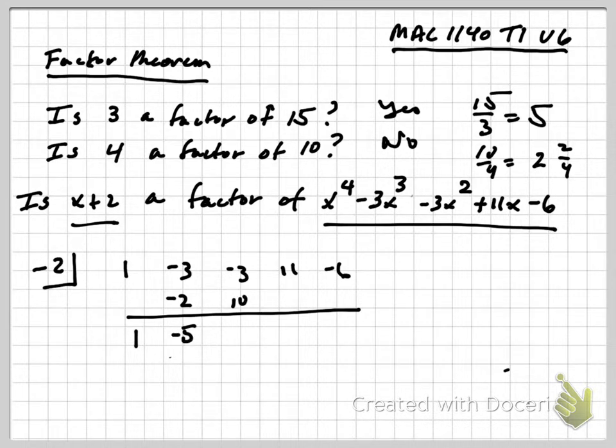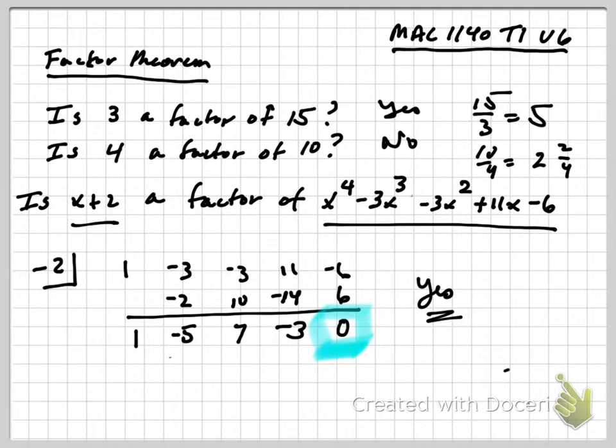Multiply the negative 2 and the negative 5, get a 10, add those and get a 7. Multiply negative 2 times 7, I get a negative 14, and add those, I get a negative 3. Multiply a negative 2 times a negative 3, I get a 6, and I get a remainder of 0. So this right here is my remainder. So what's my conclusion? Yes, because that remainder is 0, x plus 2 is a factor.